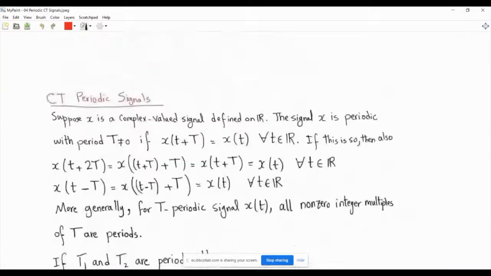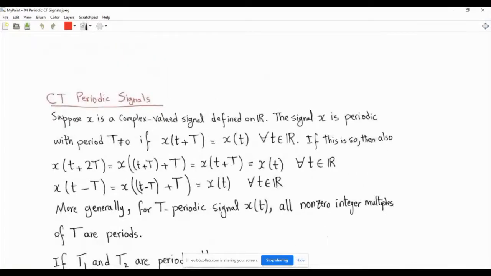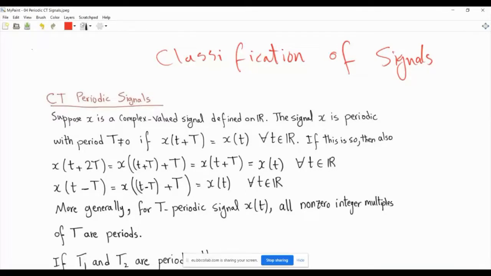So let's now jump to the first topic in a signals and systems course, and it is the classification of signals and systems. We start with classification of signals. When you classify signals, there are a number of ways in which you can do this classification.